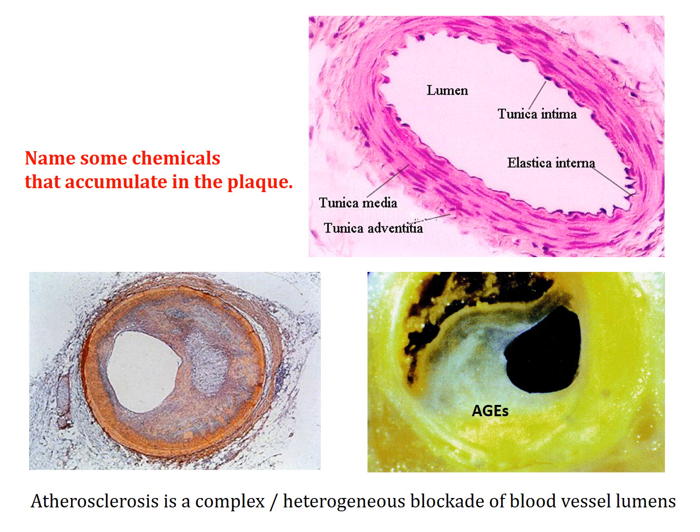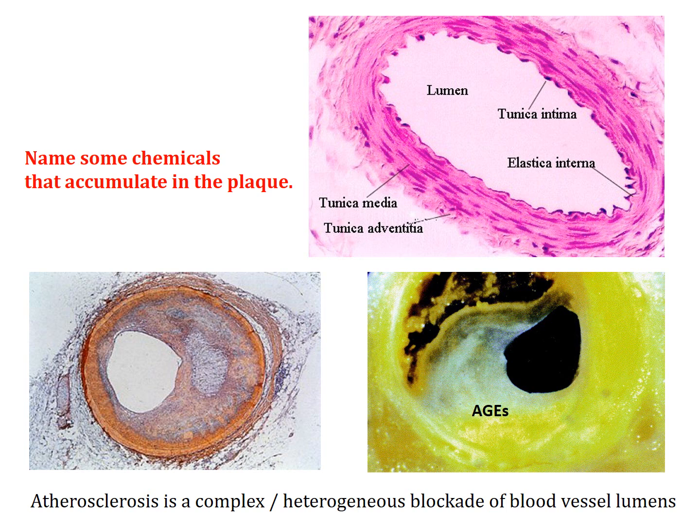Now look at our two lower pictures, and you can see that the lumen of that blood vessel is starting to become occluded. That occlusion of the blood vessel is occurring due to plaquing, and that process is referred to as atherosclerosis. Atherosclerosis is complex and heterogeneous, meaning that there are a lot of things accumulating in that plaque.